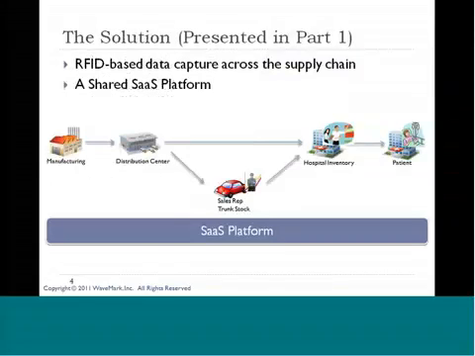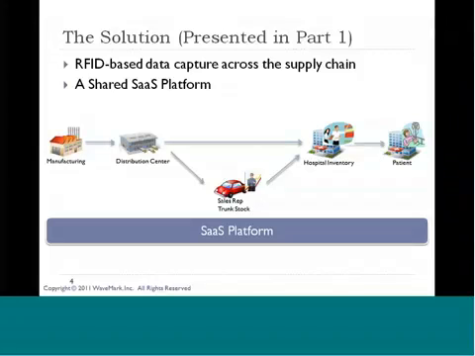The solution that we've implemented is a series of RFID nodes across the supply chain that provide end-to-end visibility to the product lifecycle. It goes through distribution centers and the trunk stock of sales reps and ends finally when the products are consumed at the patient. And these RFID nodes are running on a SaaS platform, software as a service, that's shared between suppliers and between providers, which are the hospitals.